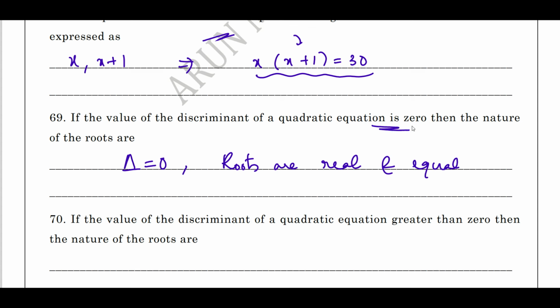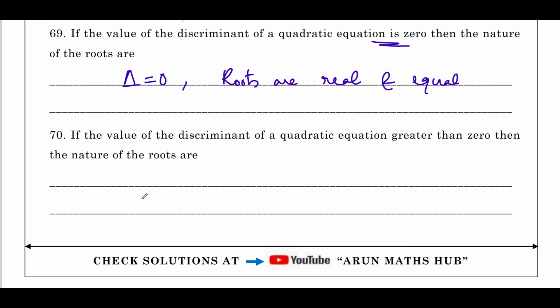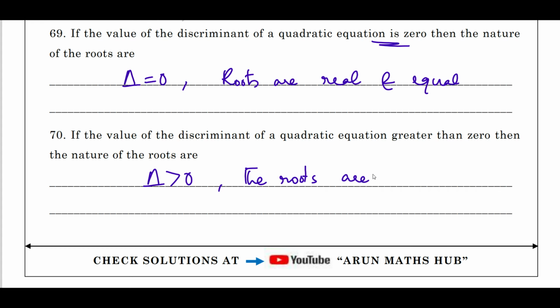If discriminant is 0, that means the roots are real and equal. Definite 2-mark question or 1-mark MCQ or 1-mark question. If the value of discriminant is greater than 0, delta is greater than 0, that means the roots are real and distinct.